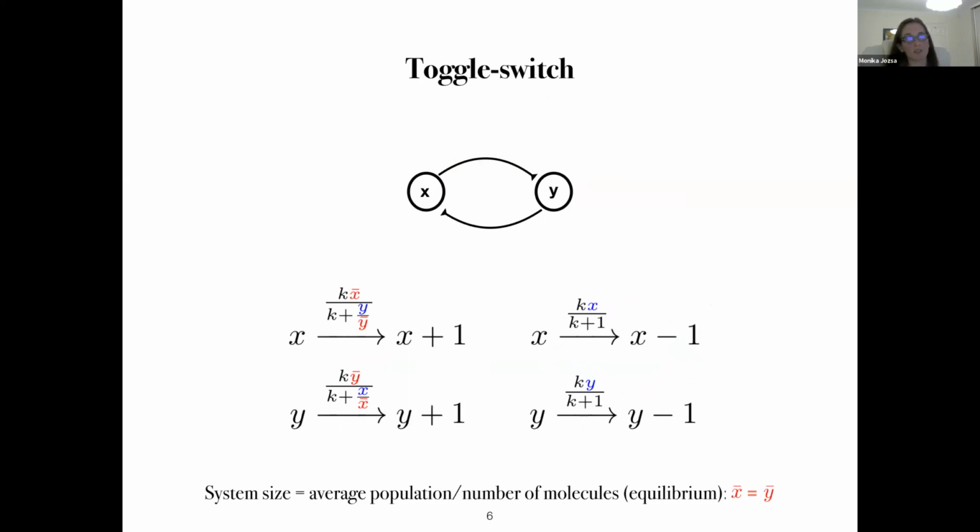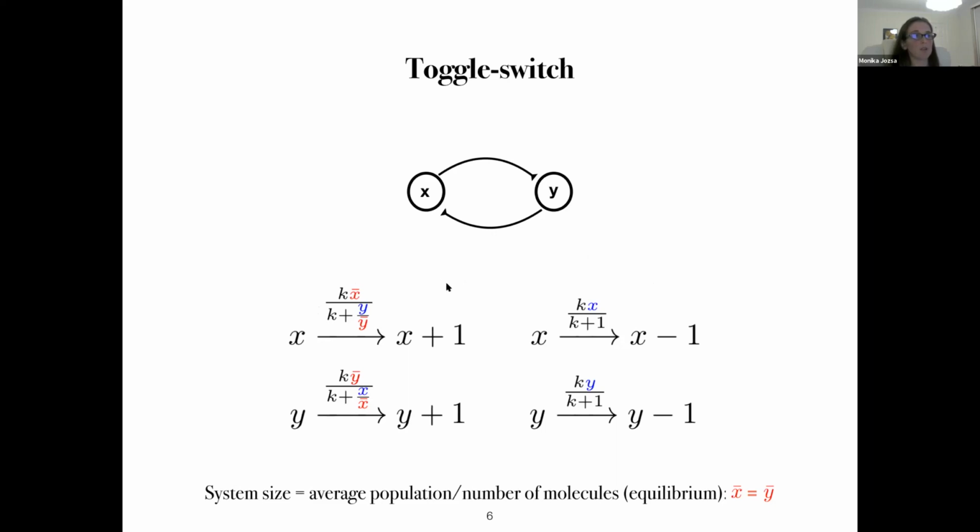So we took a simple mathematical model called the toggle switch, where you can think about X as an on mode and Y as an off mode. These two chemical species inhibit each other through hyperbolic rates, and they have a linear death rate.